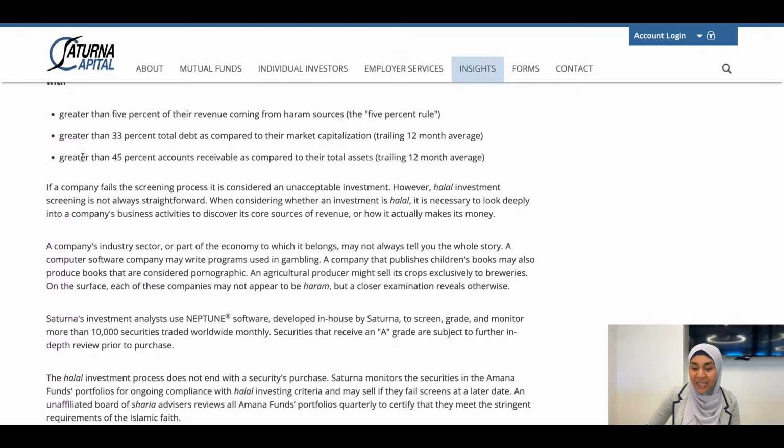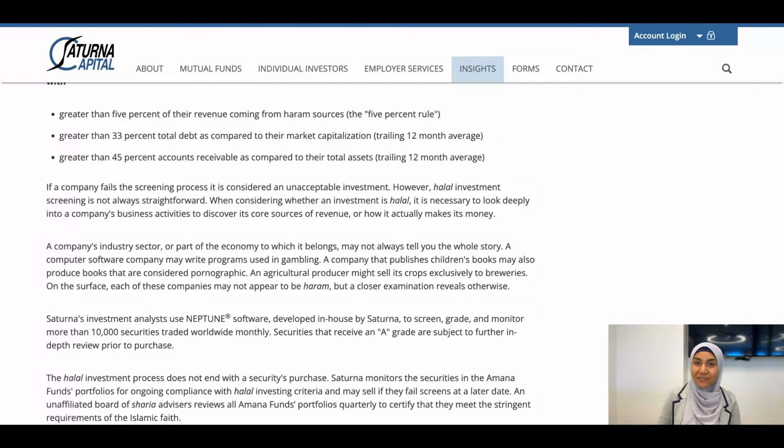And finally, greater than 45%. If the company has greater than 45% accounts receivable as compared to total assets. So what does that mean? It's saying that almost half, or more than half, of the money is owed to the company compared to what they already have, if they were to sell today.